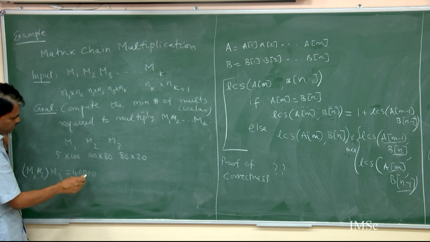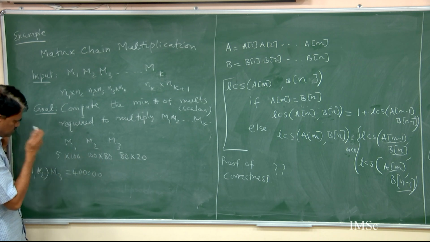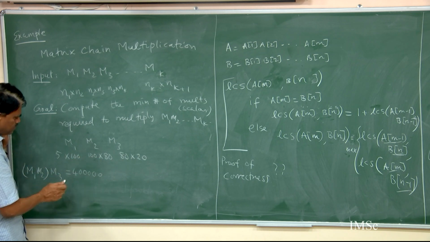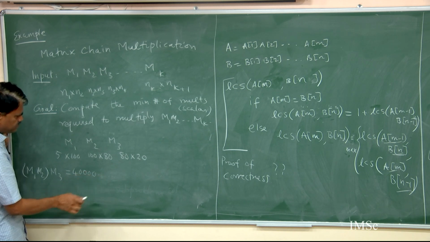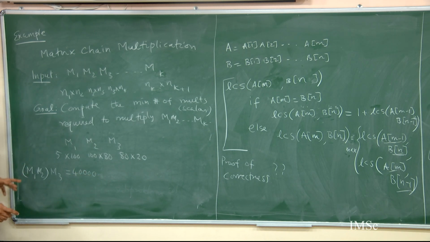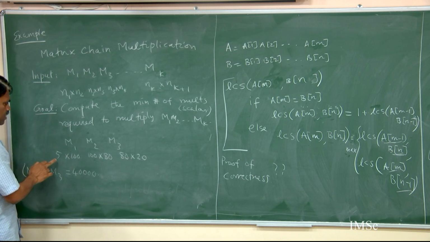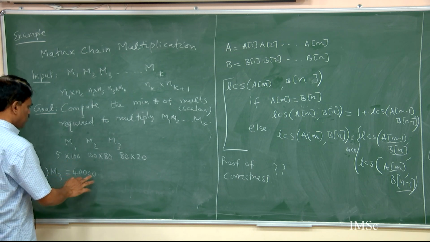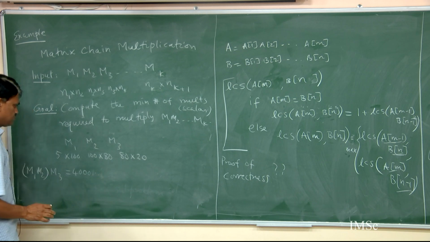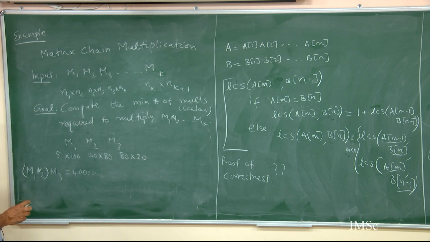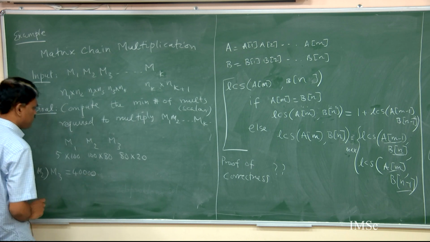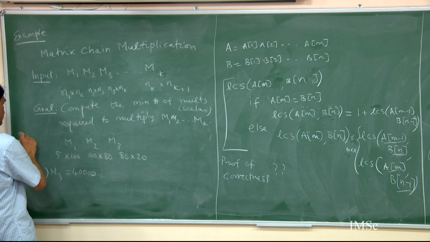So that is 40,000. It's 5 into 100 into 80.